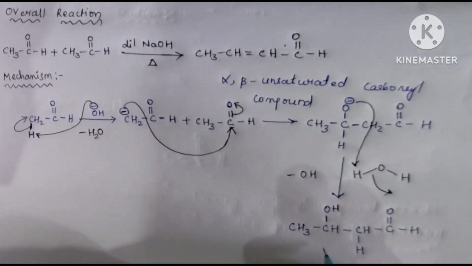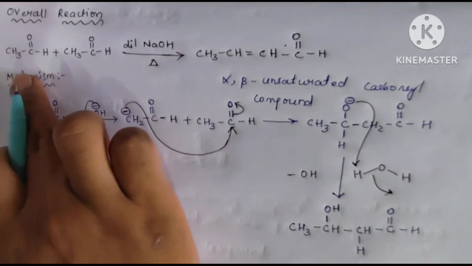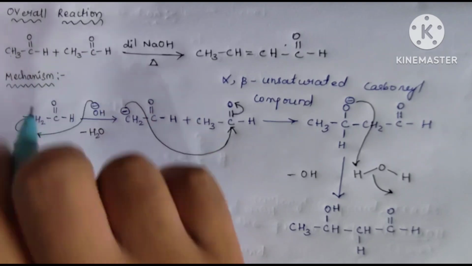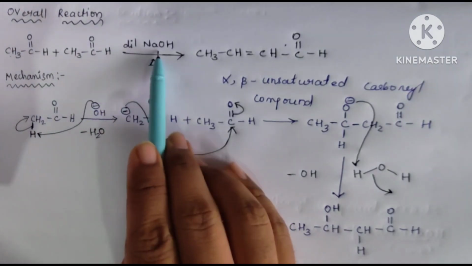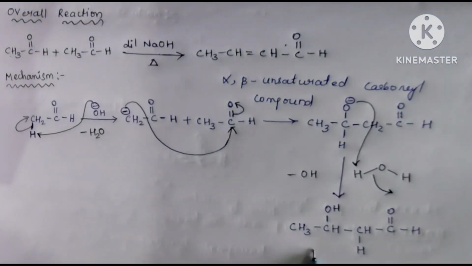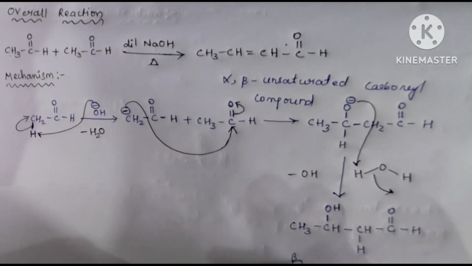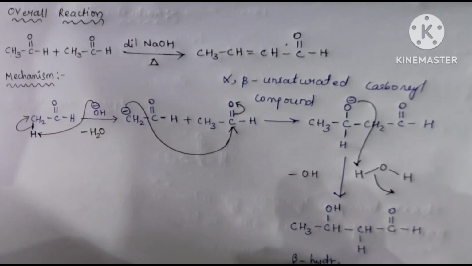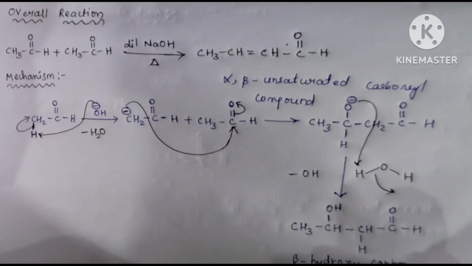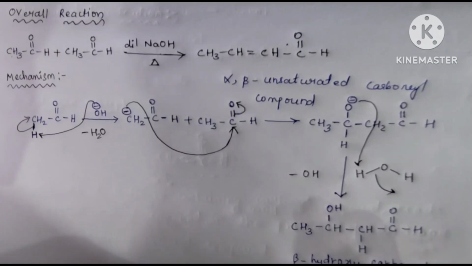Why am I writing like this? Because these 2 moles of carbonyl compound first reacted with dilute NaOH, and we got this compound, which is called a beta hydroxy carbonyl compound. Why?